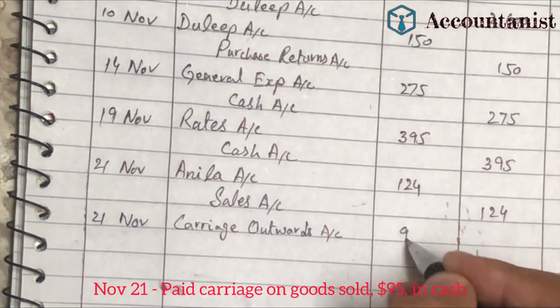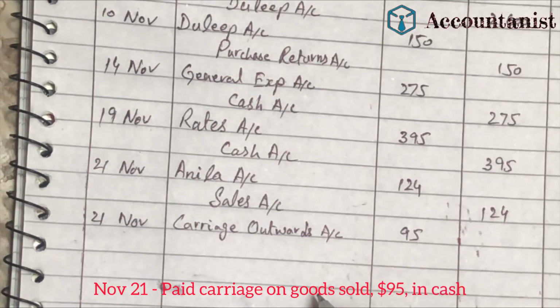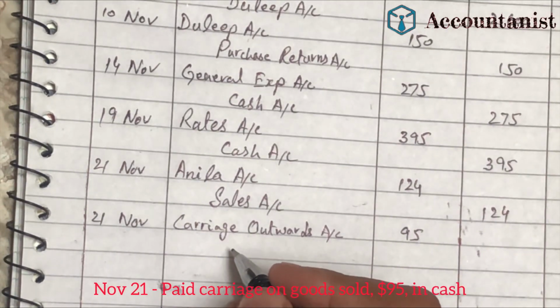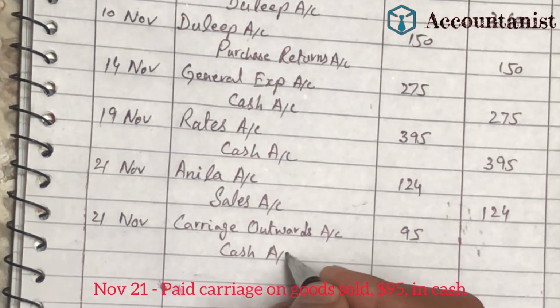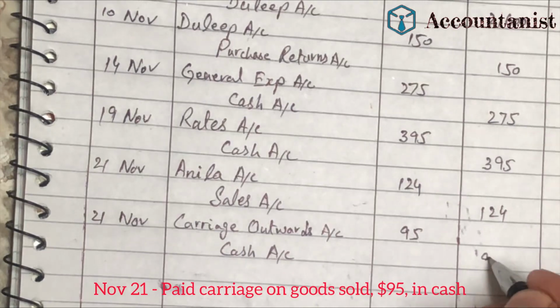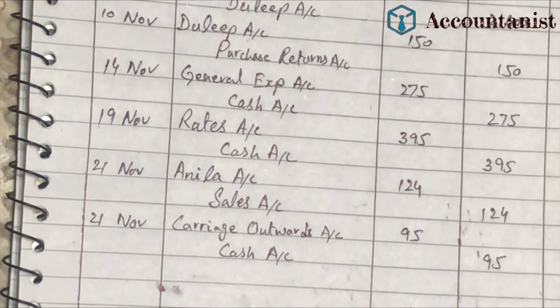So the amount is $95 and we paid by cash, which means our cash account is going to be reduced. So we'll record on the credit side.